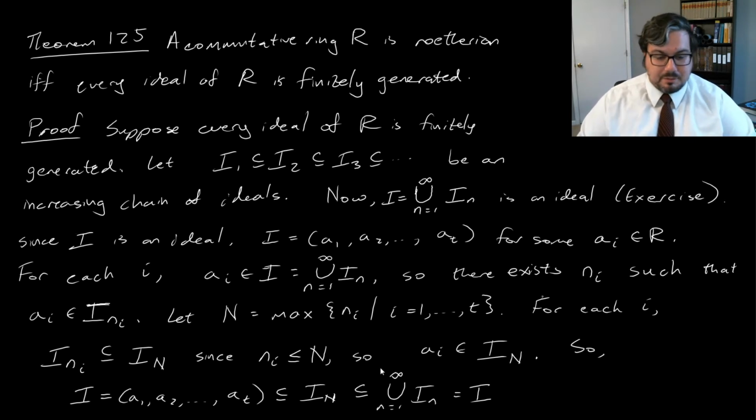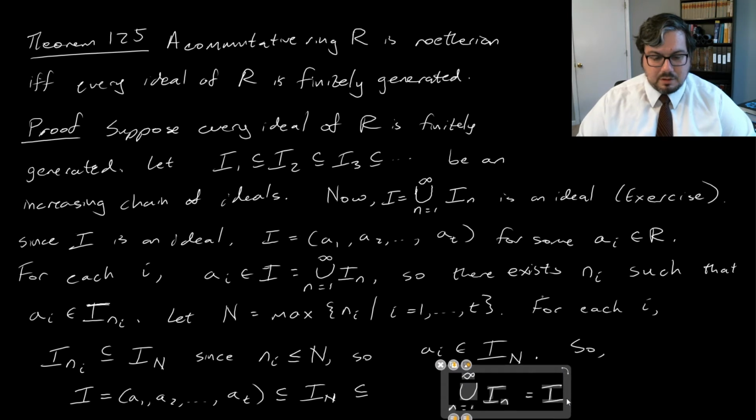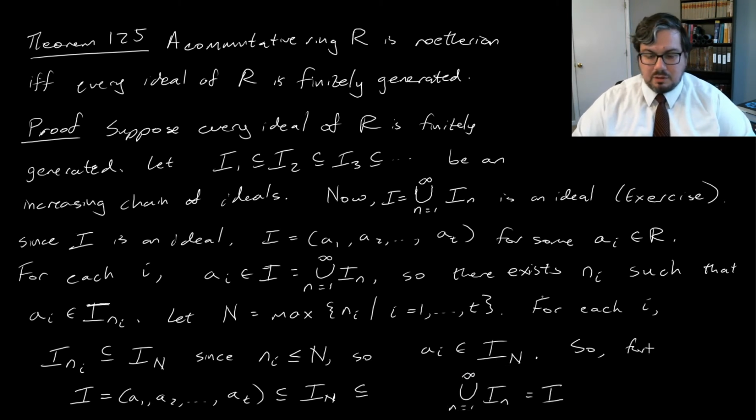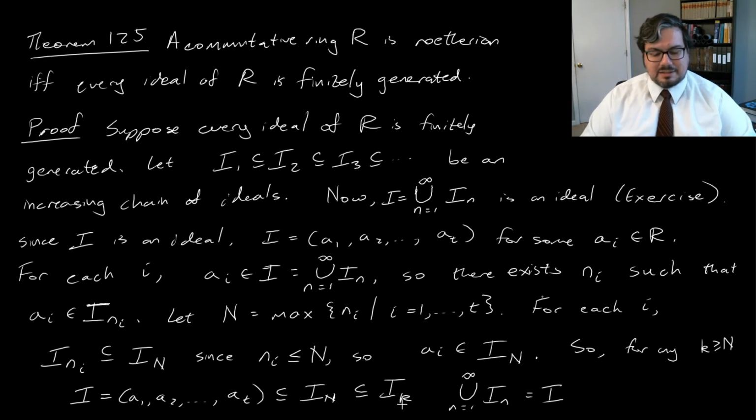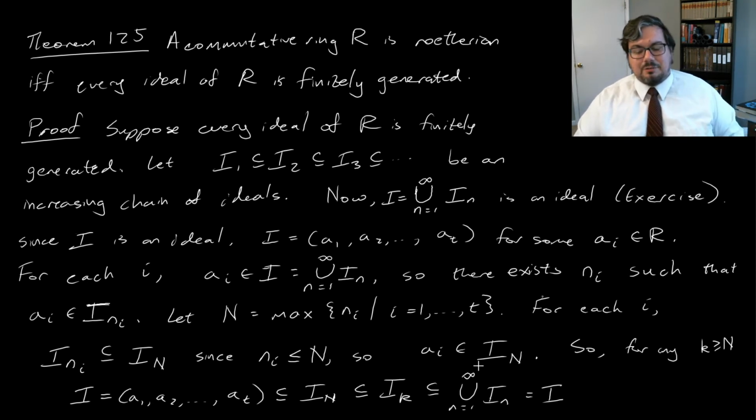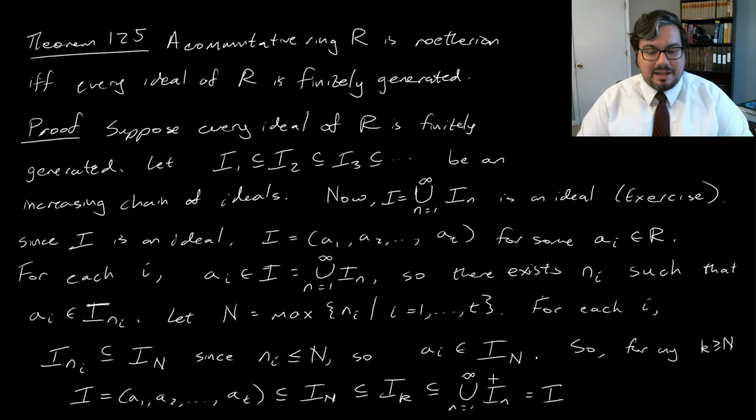Oh, sorry, I missed one step here. For any k greater than or equal to N, we have that IN is contained in IK, because k is greater than N, but IK itself is contained in the union of all of the Ins, which is equal to I. So in particular, we have equality throughout, because we've got this chain of inclusions of ideals, but we've got the same ideal on the left and on the right, and so all of these sets have to be exactly the same.